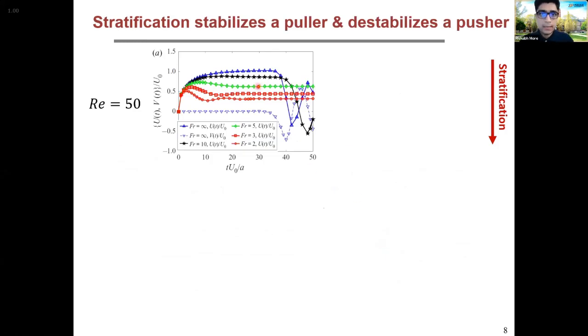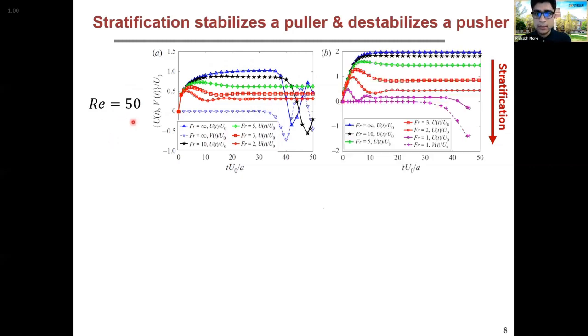Again, as I mentioned, a puller becomes unstable as we increase its Reynolds number. So this is for Reynolds number 50, and this blue curve is a homogeneous case. So they basically stray away from their straight line trajectory and even get deflected in the horizontal plane. But as we increase the stratification, as you can see, a puller becomes stable even at this high inertia.